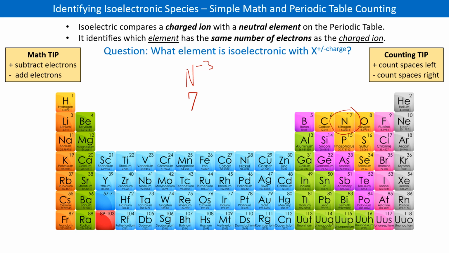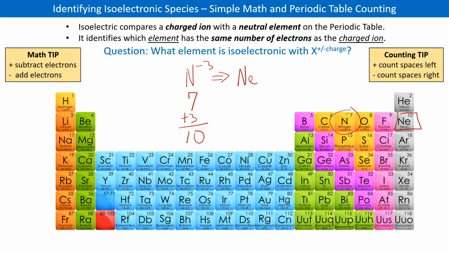So I have 7 neutral electrons. Since I'm using math, minus means add electrons, so I add 3 electrons. I get 10. Then I go to the periodic table, I find 10, and I say that neon is isoelectronic. Nitrogen minus 3 is isoelectronic with neon.